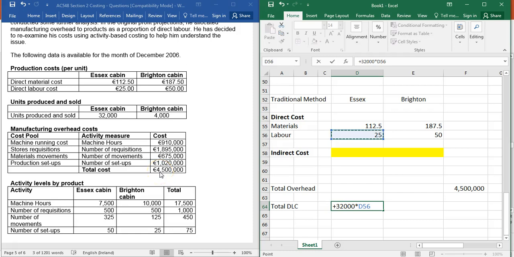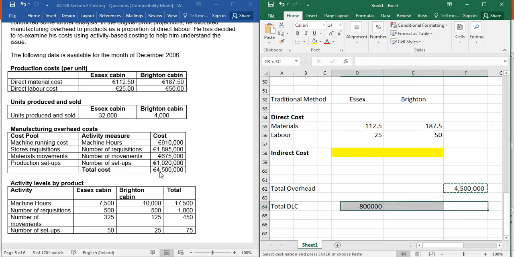So you work on total first and you work back to per unit then. So total labour for Essex is, let's tidy these up, 800,000, 32,000 at €25 each, and then you'll have 4,000 at €50 for Brighton.